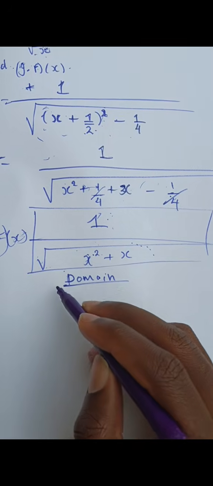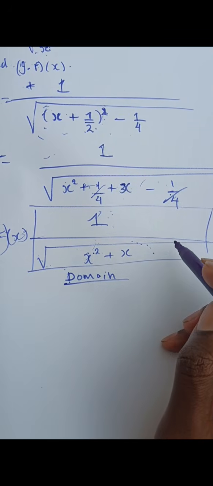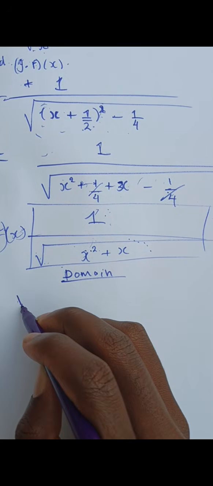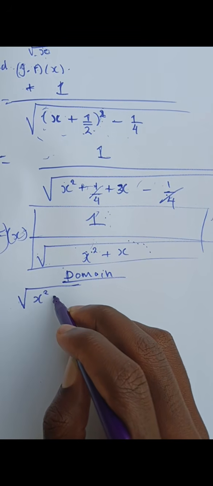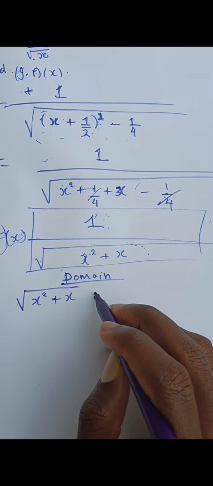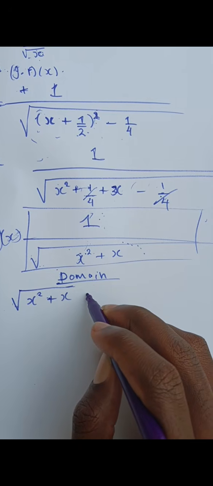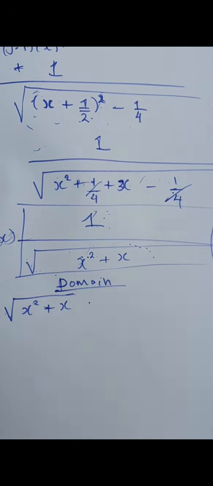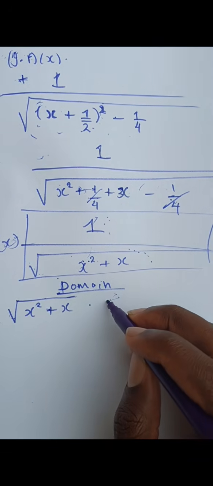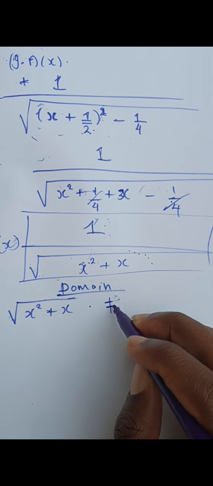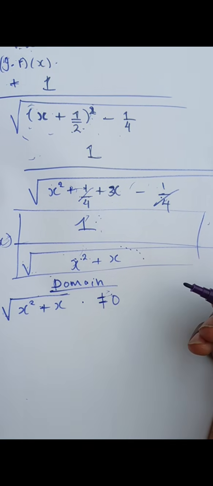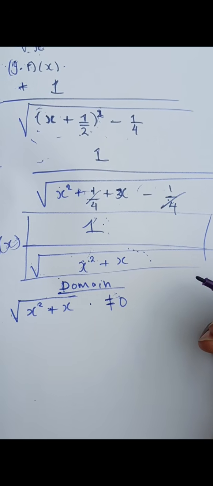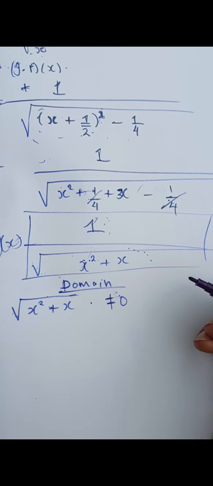So this also means that whatever values of x are going to be on the denominator should not be equal to 0. Because if it is equal to 0, it will mean what? It will mean that you'll get undefined, right?